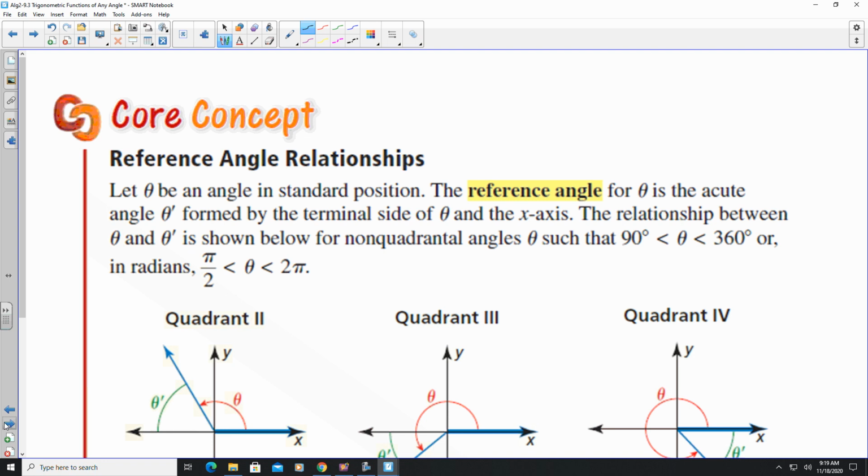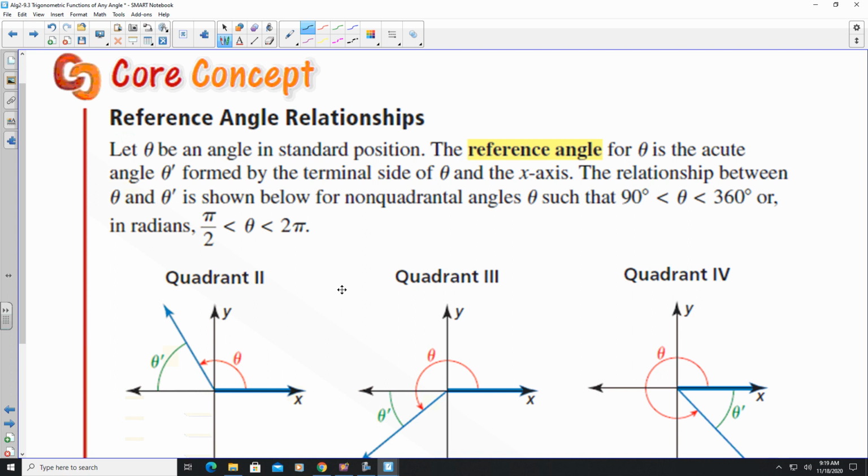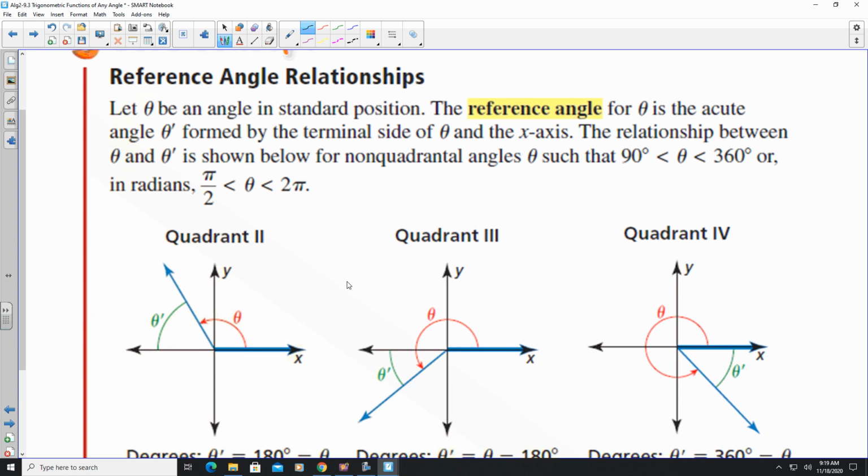Last, a couple concepts to look at. They want us to look at what is called a reference angle with respect to any angle in standard position. So if you look at these different reference angles, they're all angles with respect to the x-axis, okay?